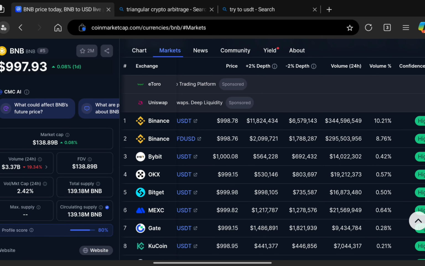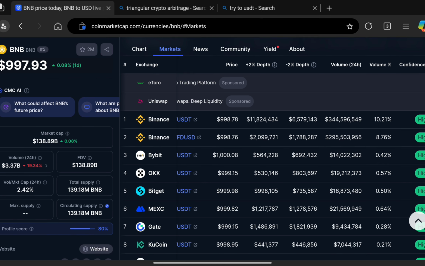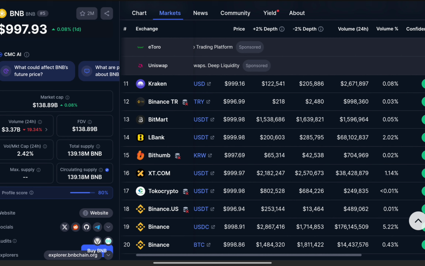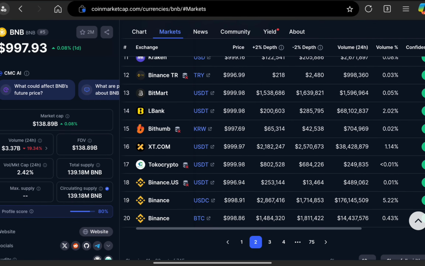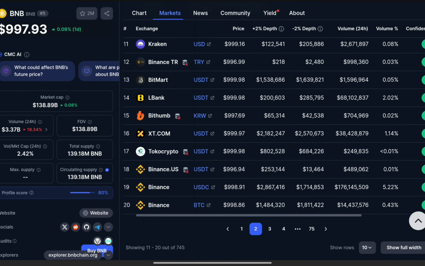Okay, so USDT TRY, we need to move it to a bigger currency. Yeah, TRY to BNB. I think that should work. Let's see.